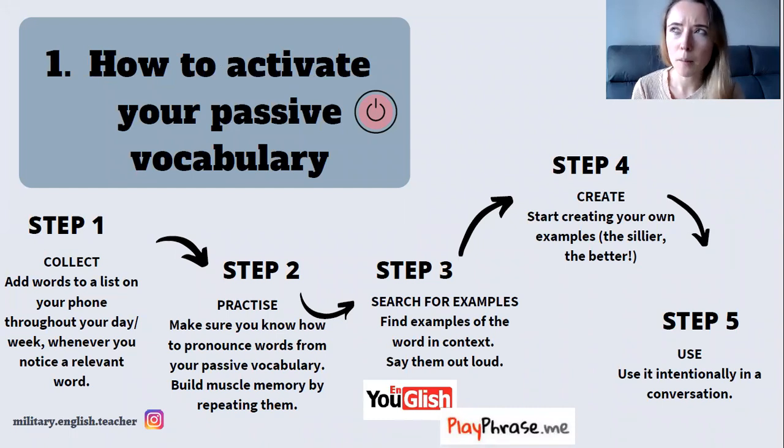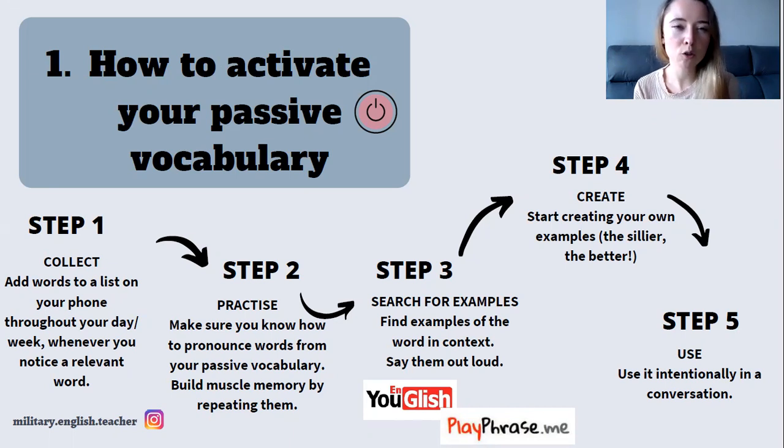Then, a big problem is when you don't know how to pronounce a word, because your brain will automatically decide not to use it. It will try to protect you from, I don't know, humiliation or from just being misunderstood by other people, and will choose an easier option.